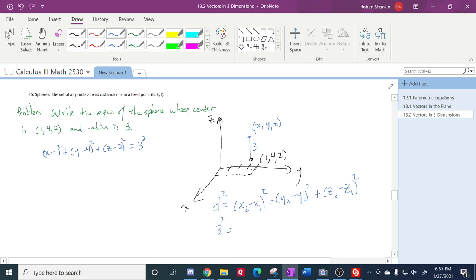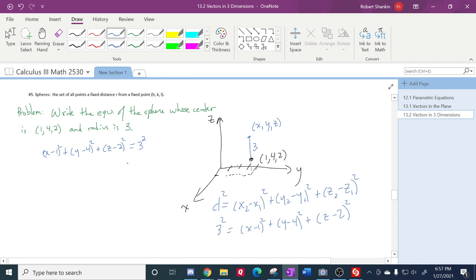Or in this case, 3 squared is equal to the difference in the x's, the difference in the y's, the difference in the z's, and I get this, which is exactly the equation that was given over here.